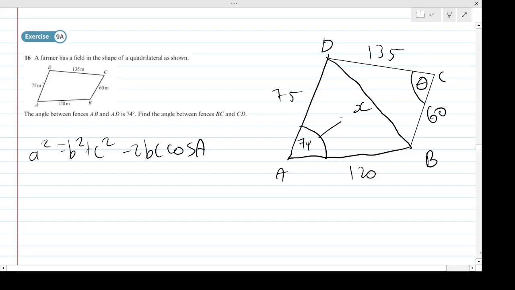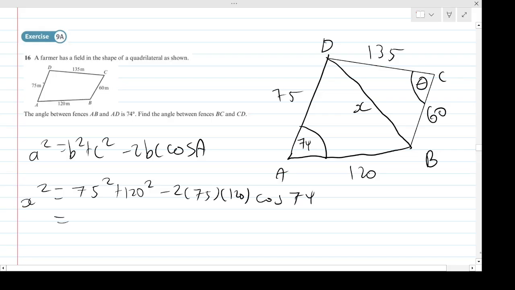As DB is facing the angle, that means x squared is going to be the other 2 sides squared. So it's going to be 75 squared, add 120 squared, minus 2 lots of 75 lots of 120, cosine of the angle, 74.